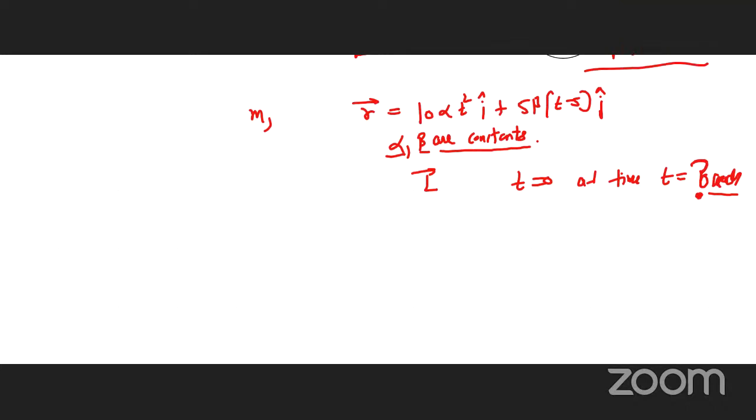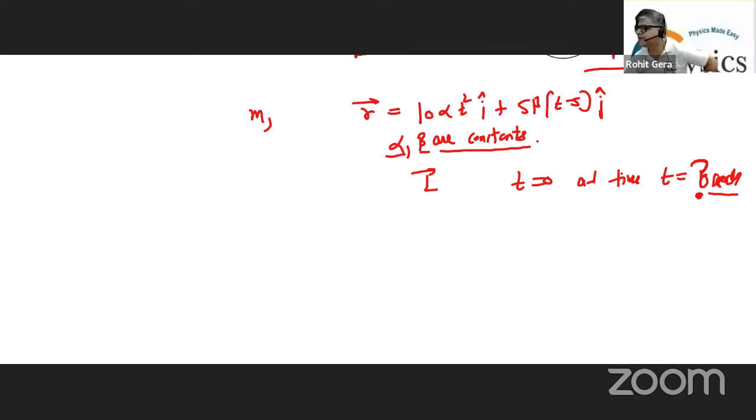The angular momentum of the particle becomes the same as it was for t equals 0 in how many seconds? So first of all, with the help of a position vector, how do you proceed with this? R is known to you, so if you write angular momentum like this, L is equal to m r cross v.